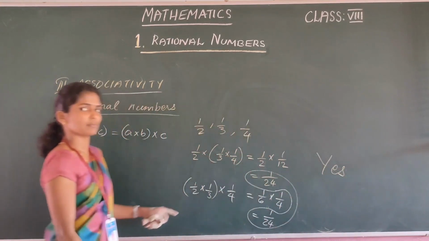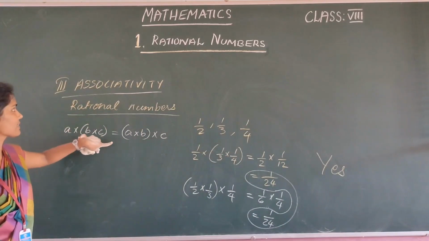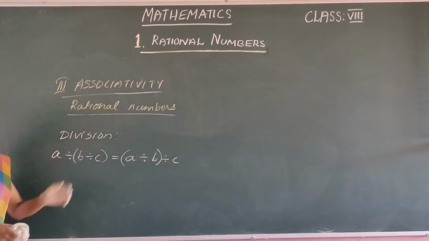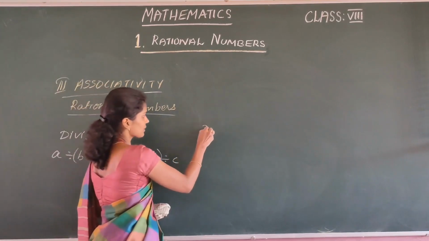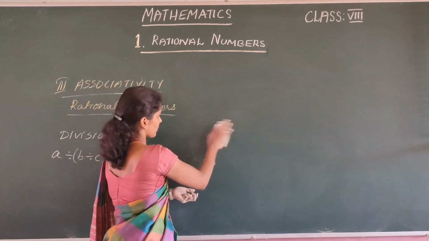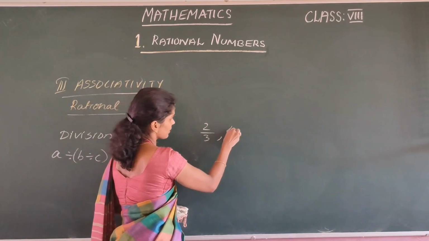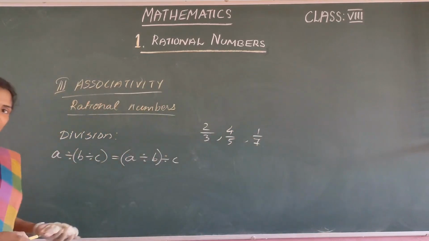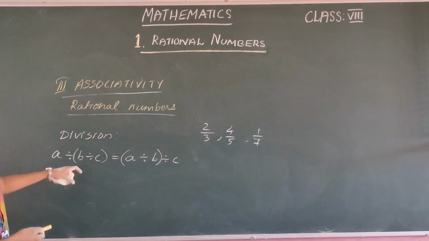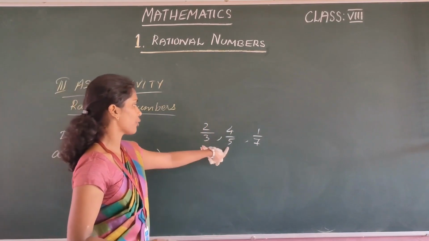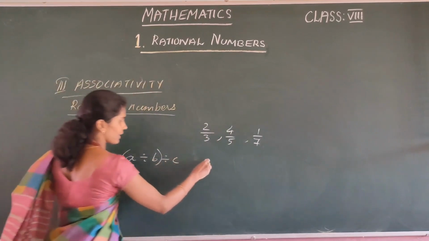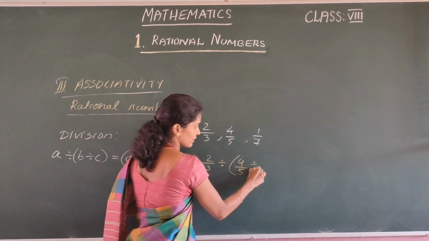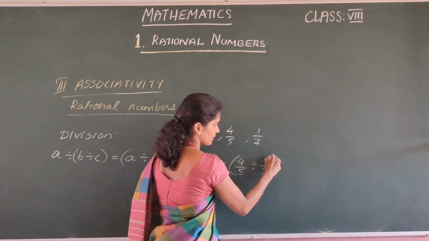So in the case of rational numbers, multiplication is associative. Then we check associativity in division. Take three numbers: 2/3, 4/5, 1/7. Take negative numbers also, no problem. First, we write 2/3 divided by (4/5 divided by 1/7).